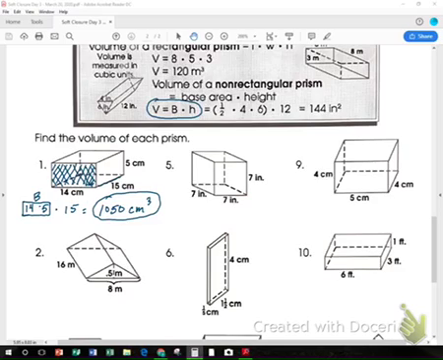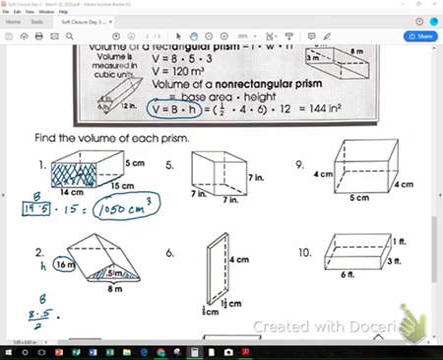But let's look at number 2. Number 2 is a triangular prism. Here is the base. We need to find the area of that base, multiply by the height. The 16 is going to be our height. So for big B, area of the base, for a triangle we go base times height, divide by 2. 8 times 0.5, divide by 2.